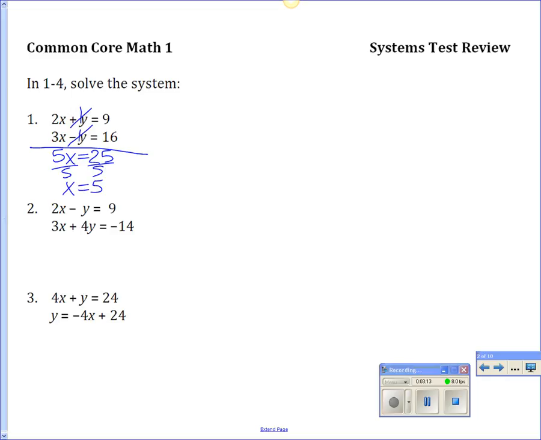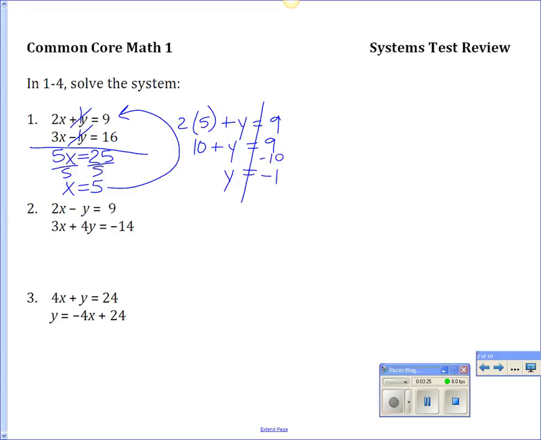X is 5. And when you plug it back in, 2 parentheses 5 plus y equals 9, you get 10 plus y equals 9. So y equals negative 1. So for number 1, you get 5, negative 1 for that one.